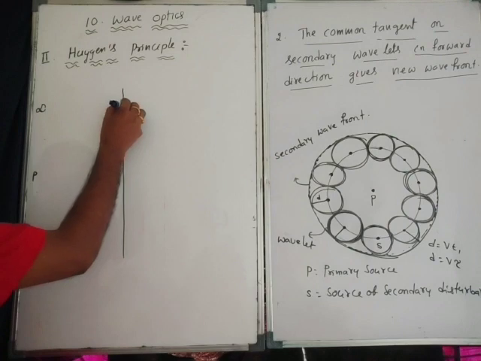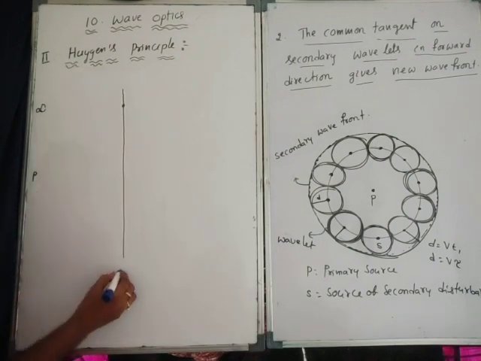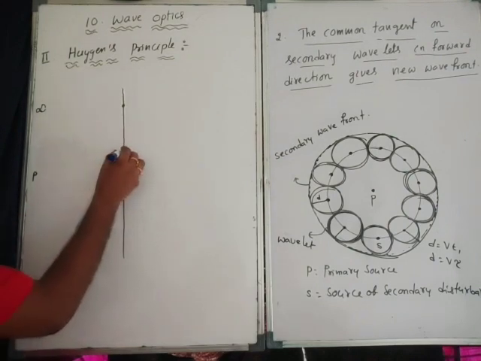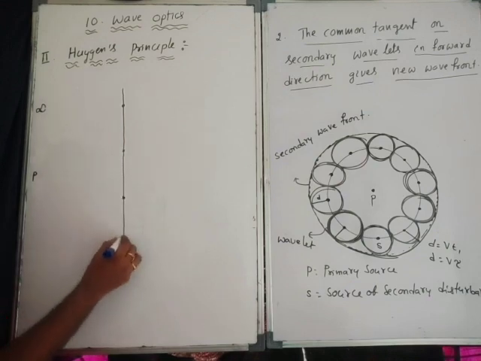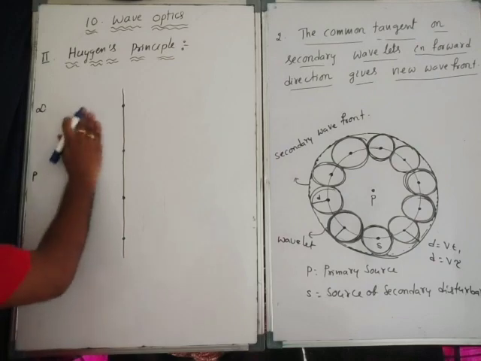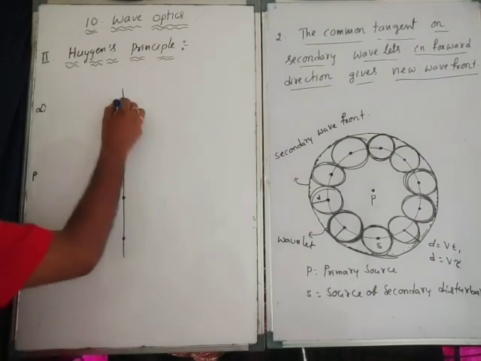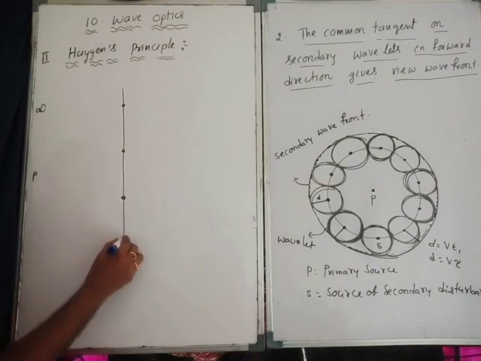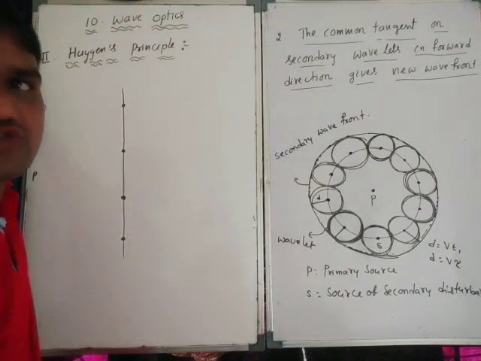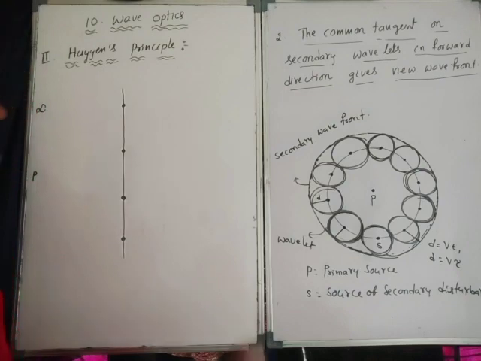Now this is the primary wavefront. Now I will consider points on the wavefront. Each point acts as a source of secondary wavelets. Source of secondary wavelets. Right.